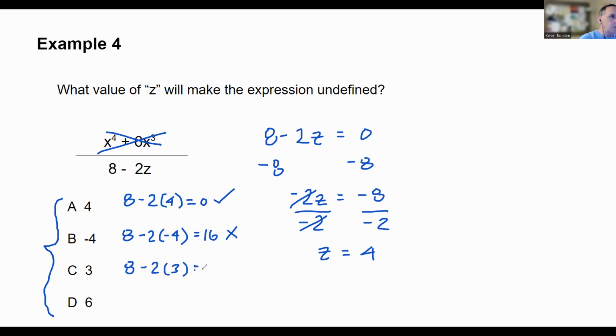That will give you the number 2. So I hope you're following along with your calculator and working these out with me. 8 minus 2, that's good practice. 6, this is going to give us a -4. So just a reminder, if you're given 4 answers, only one of them will work, and this is a good way to test it.